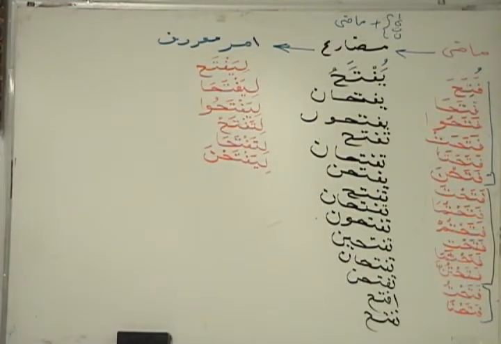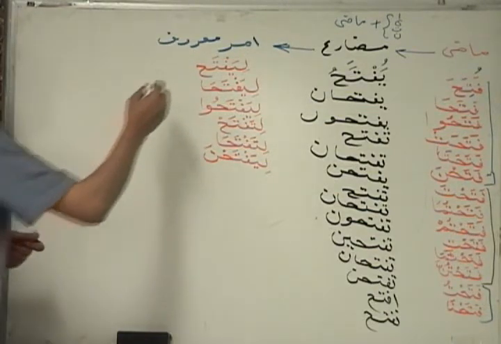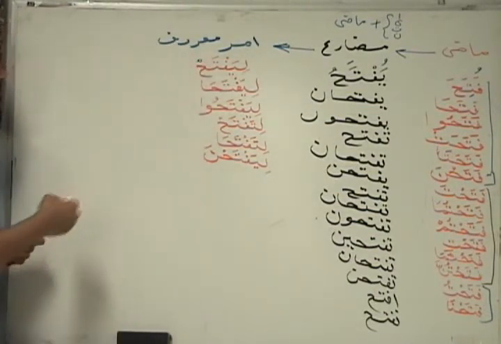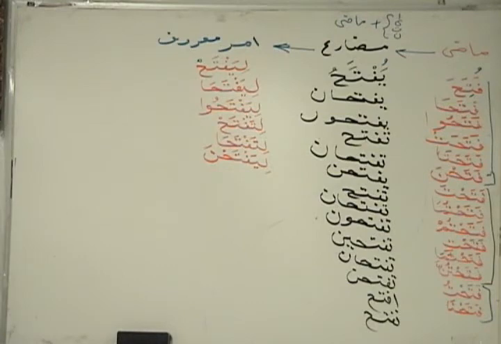You see, for amr ma'ruf, if you want to change any of those to amr, you just add a lam with a kasra at the beginning, not at the end, and do something at the end also.